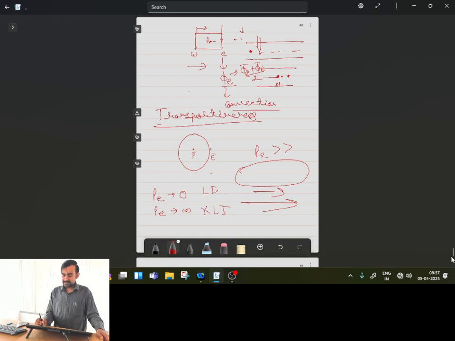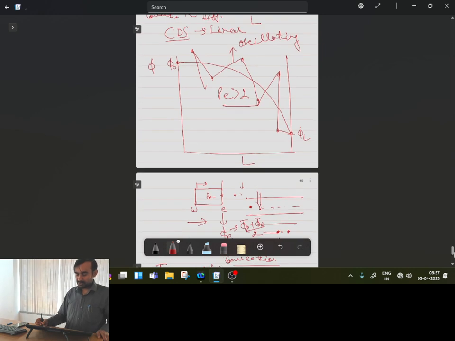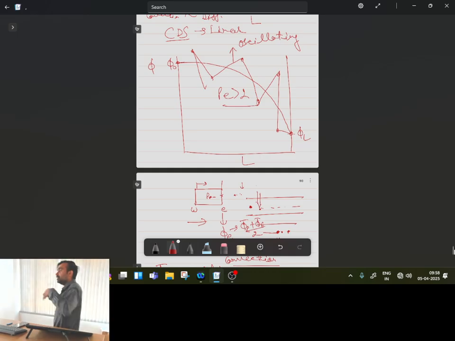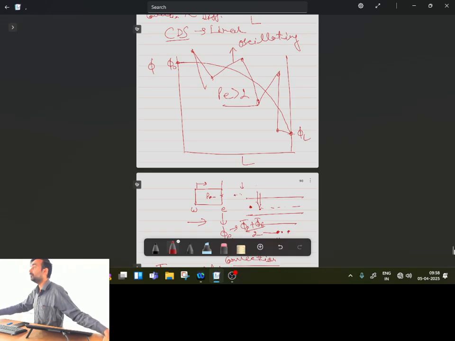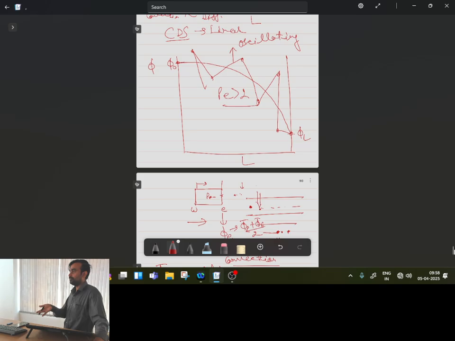So in this scenario, you will not be able to every time consider your delta x in such a way that you can maintain your Peclet number less than 2; otherwise you have to take a large number of cells and your computational cost will increase. So we have to find some alternate way to avoid this issue.